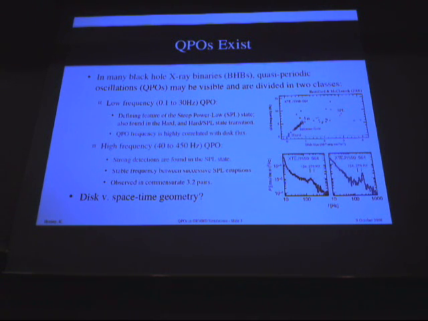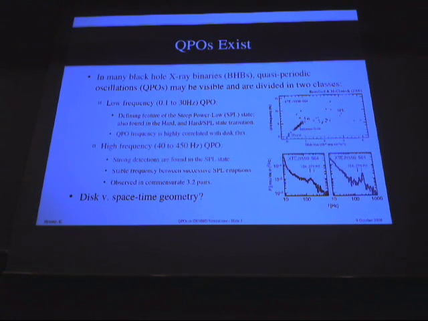Obviously, they're divided into the two categories, the low and high frequency. The primary difference is that the low frequency QPO's frequency varies according to the disk flux itself, whereas the high frequency QPO is stable, even between successive eruptions of the steep power law state. So what does this maybe tell us physically about these?